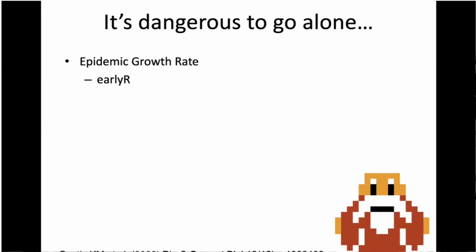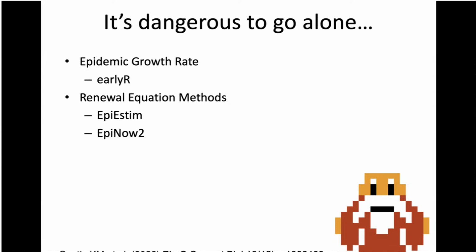I think there are some packages out there that you can read, learn, and use for this work. There is earlier, for instance, which uses the early phase of the epidemic to estimate an R naught. But I think for earlier, you must tell it to some extent the distribution of the serial interval.